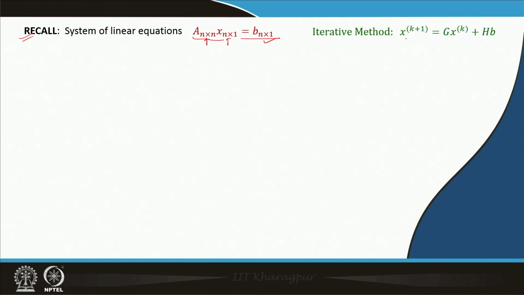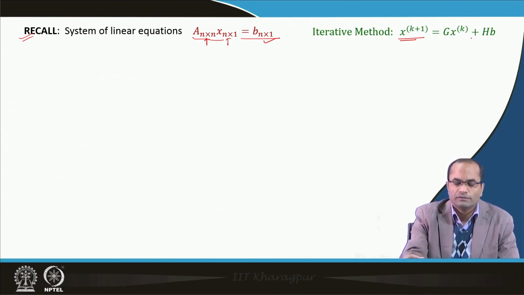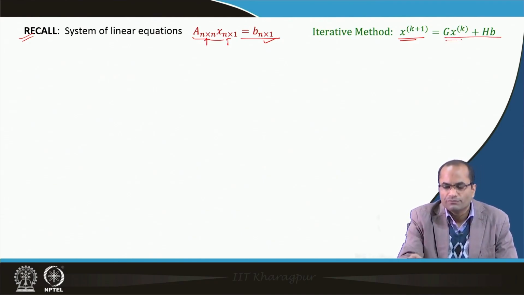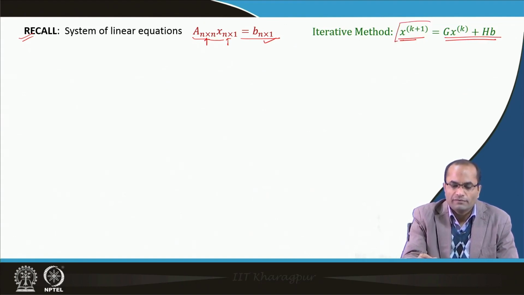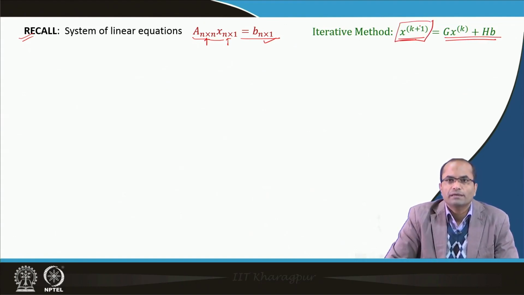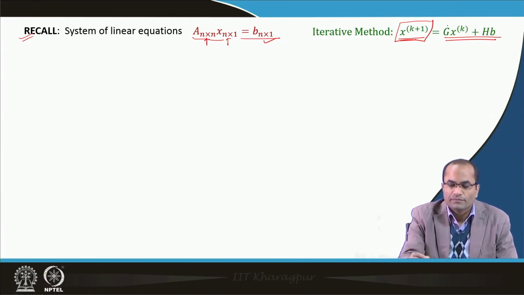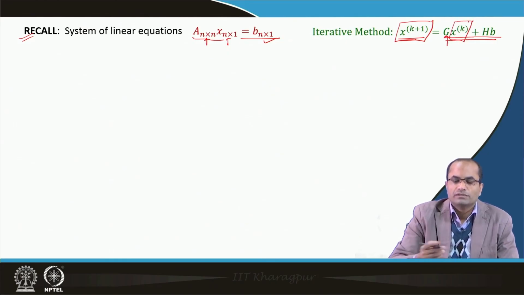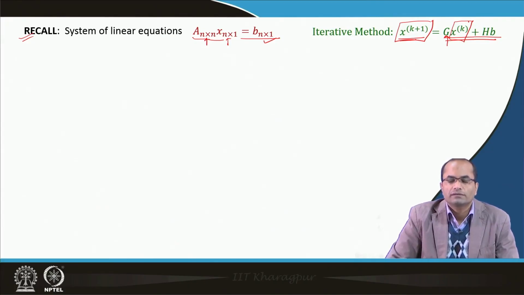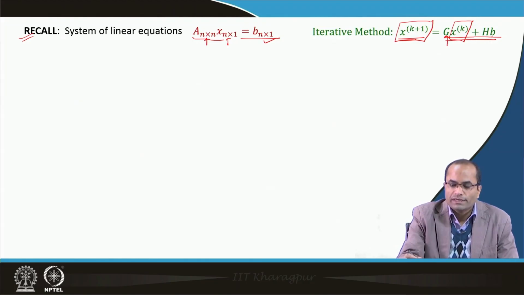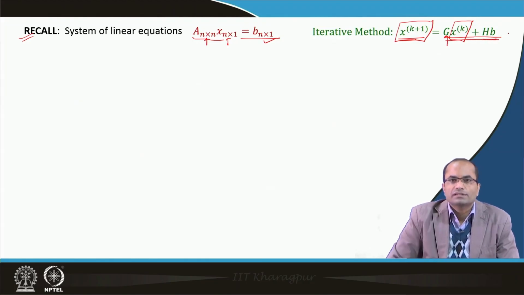In general, the idea of an iterative method is to have such a general form, where on the left hand side we have x evaluated after the k plus 1th iteration, and on the right hand side we have G, which is called the iteration matrix, times x k, which is the vector used at the kth iteration, and then we have some other matrix H times b.